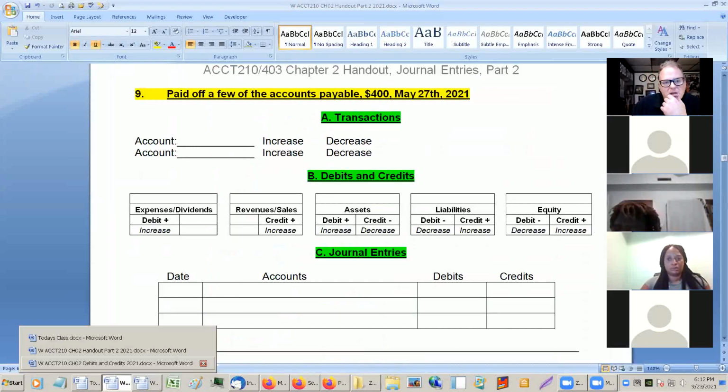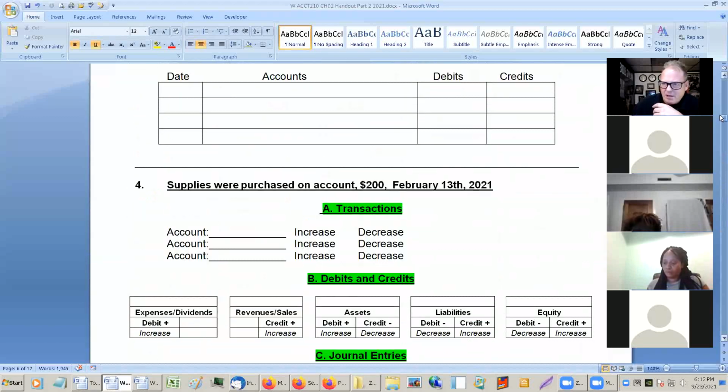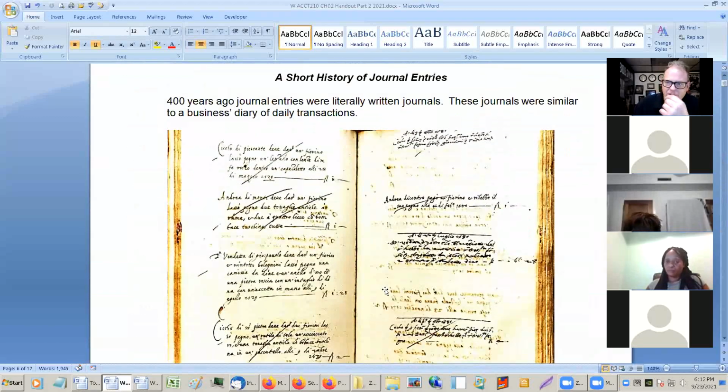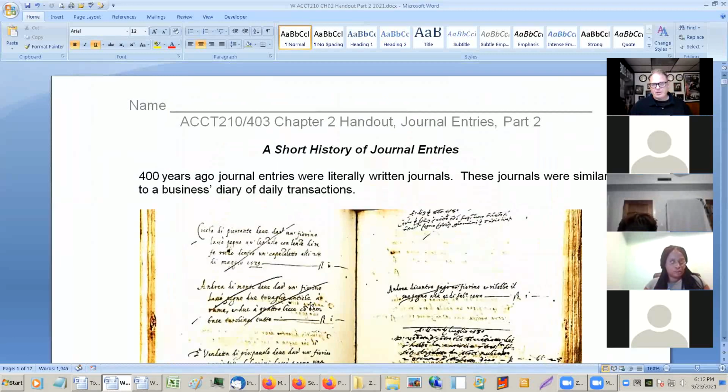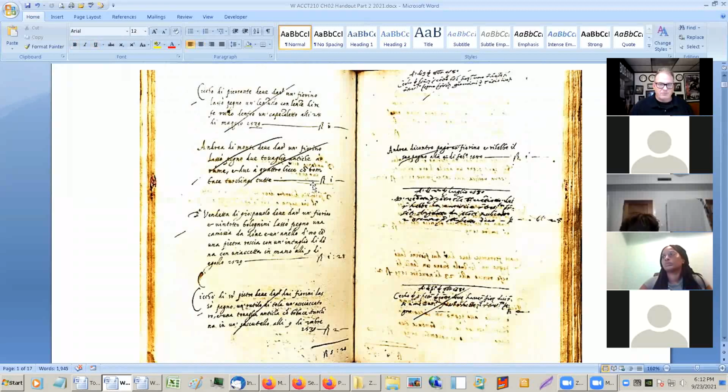So number 9, we'll go ahead and get started. And these journal entries, they're wacky. Just to recap from last time, journal entries used to be journals. People would write out paragraphs of what happened. They have these old shipping records from the 1400s, and they look like someone's diary.